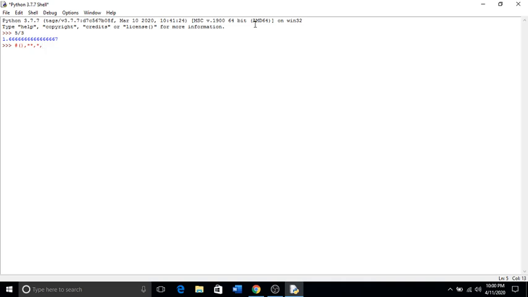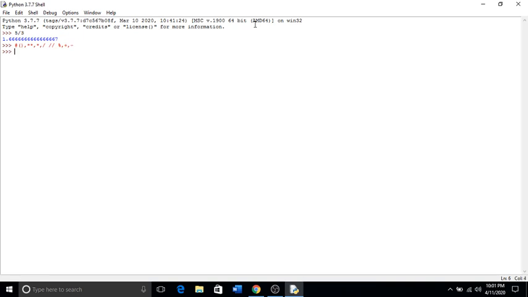There are three types of division: normal division, integer division, or the mod, the remainder. And then plus and minus. So today we are going to discuss these arithmetic operators and how they perform in the Python language.